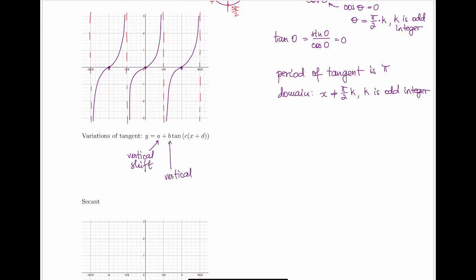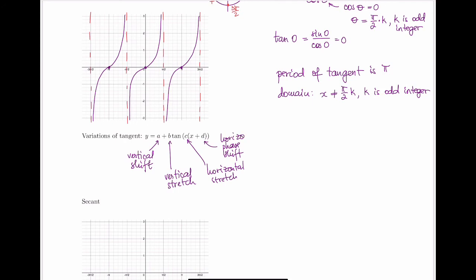But notice that we cannot talk in this case about an amplitude because the graph does go off to positive and negative infinity and is not bounded by the two values. So this is not an amplitude, this is just a vertical stretch. Whereas this d will correspond to a horizontal or phase shift, and this c will correspond to a horizontal stretch or compression.